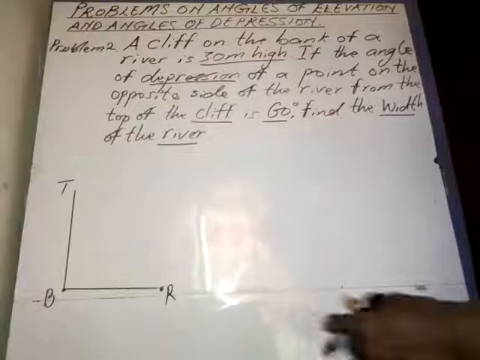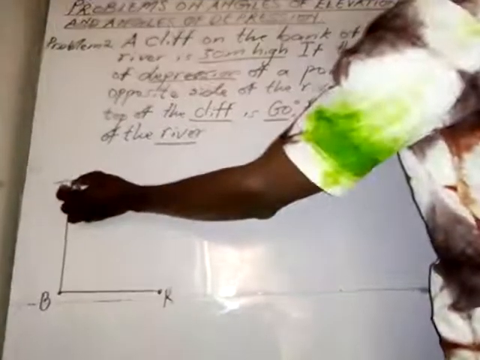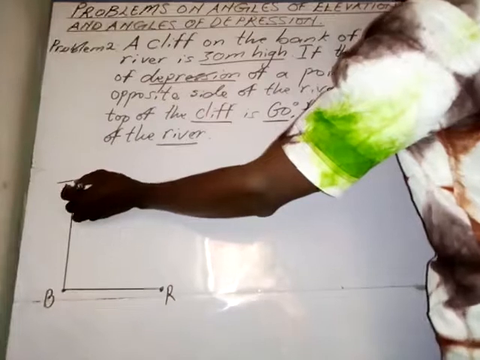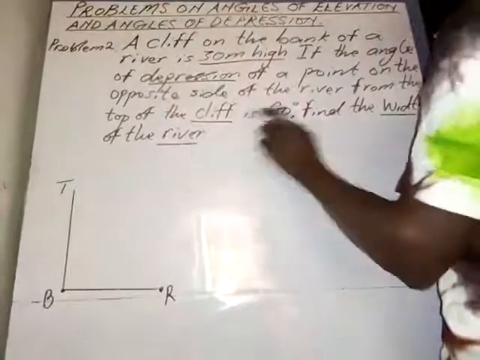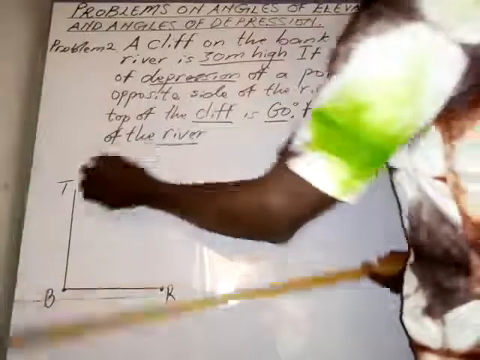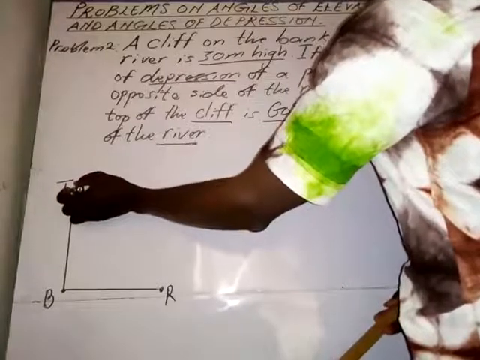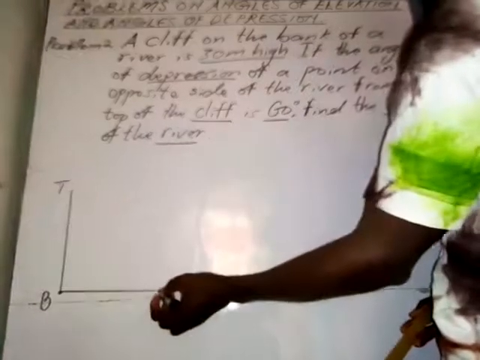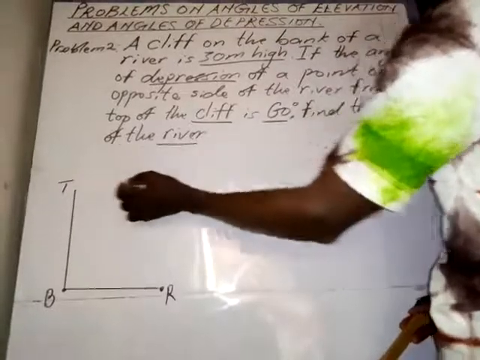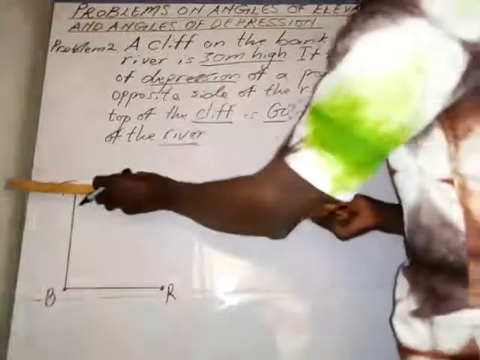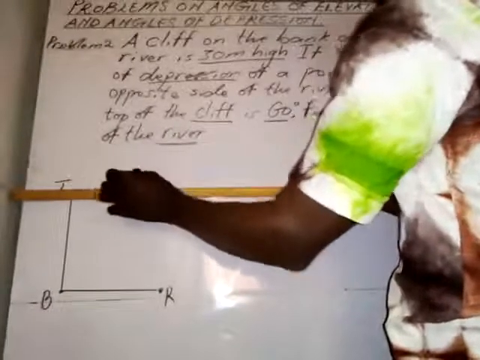Alright, so we have that the angle of depression of the top of the cliff, opposite side of the river is 60 degrees. So normally, maybe somebody is sitting here and is looking at the flowing of the river. Normally he is supposed to be looking in this horizontal direction.